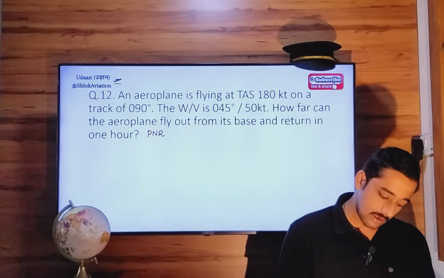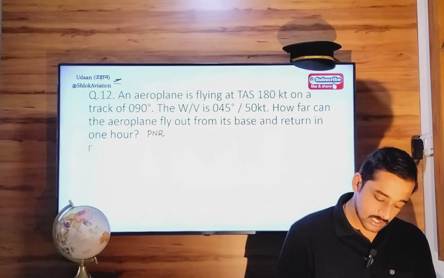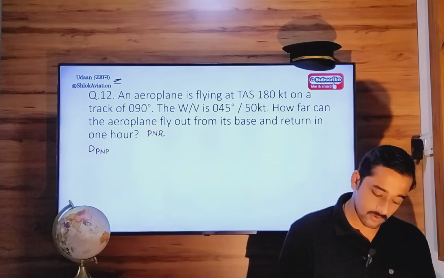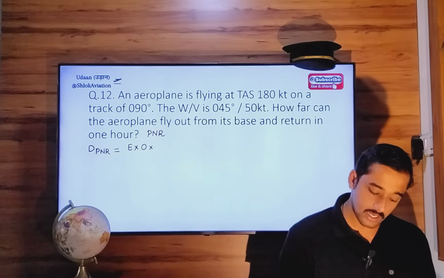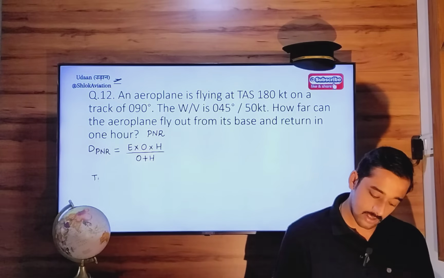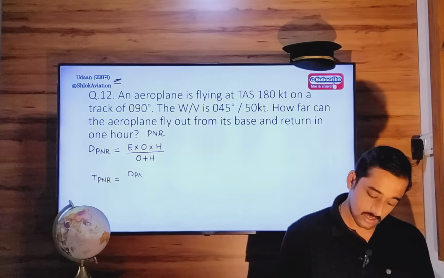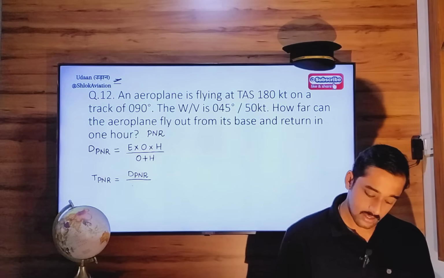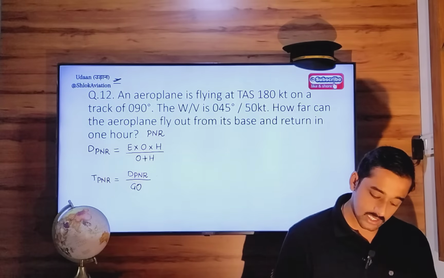Over here, now we know distance to PNR, or distance to point of no return, equals endurance into outbound ground speed into homebound ground speed divided by outbound plus homebound. Time to PNR will be distance to PNR divided by outbound ground speed. Now what is distance to PNR?